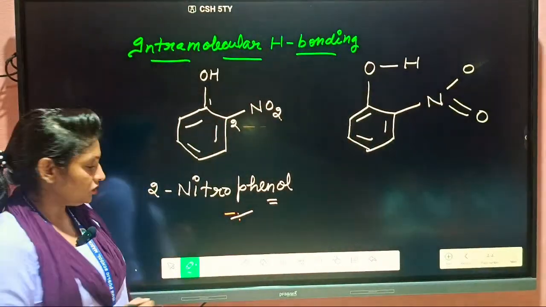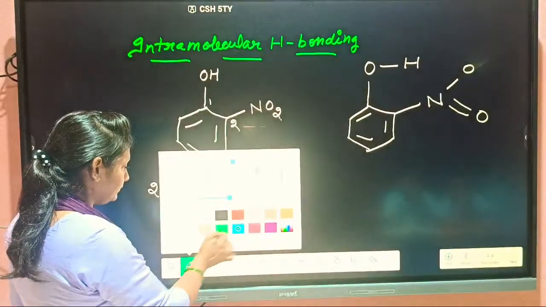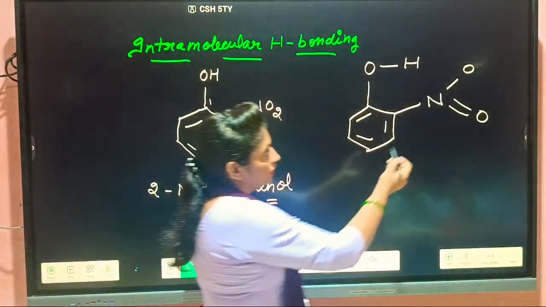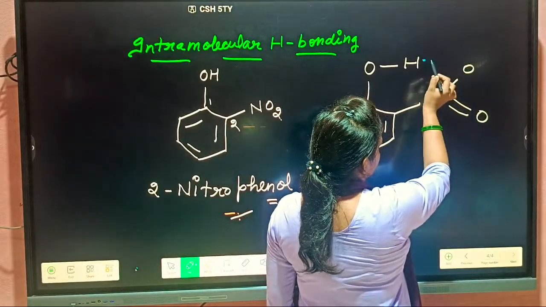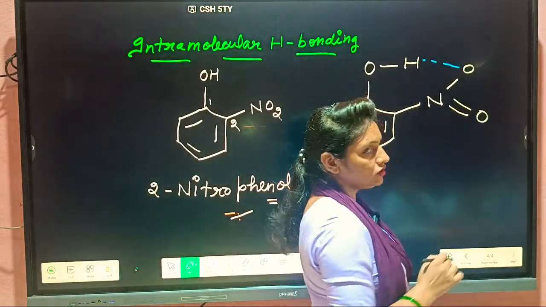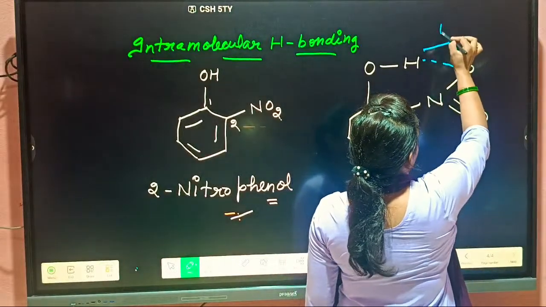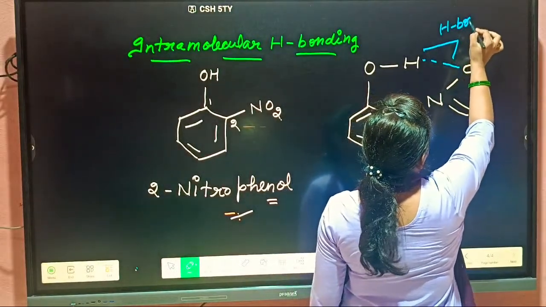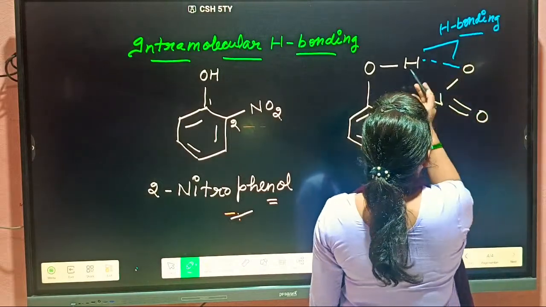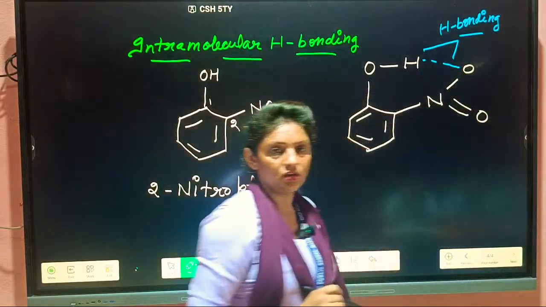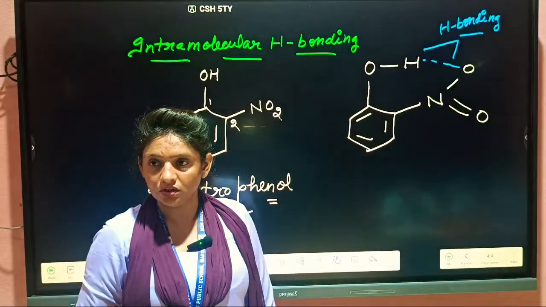Clear or not? So here, what will happen? Between this hydrogen and this oxygen, hydrogen bonding takes place. Formation of hydrogen bond takes place between this hydrogen and this oxygen. Clear or not?